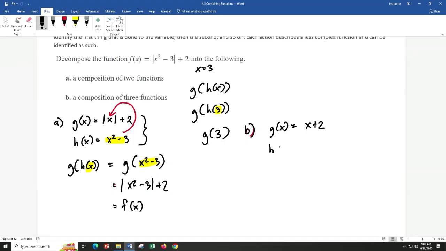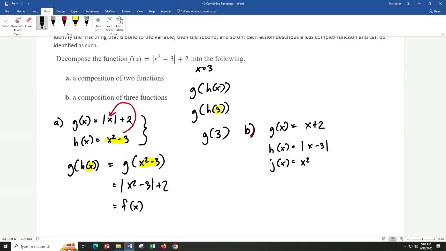H of x is equal to the square root of x minus 3. And then I also have a j of x, which is equal to x squared. So realize you have a composite function. I have just now decomposed that into 3. Let me show you why it works.